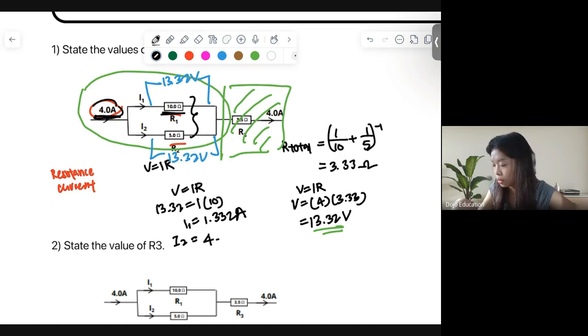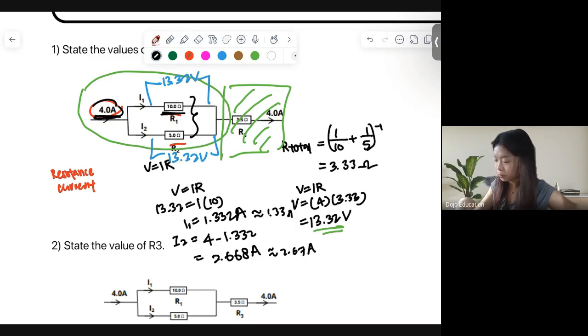So I just take 4 minus 1.332 equals 2.668 ampere. So you round up to 3 SF for both of them, it will be 1.33 ampere and 2.67 ampere. Okay, so that's how you find I1 and I2.